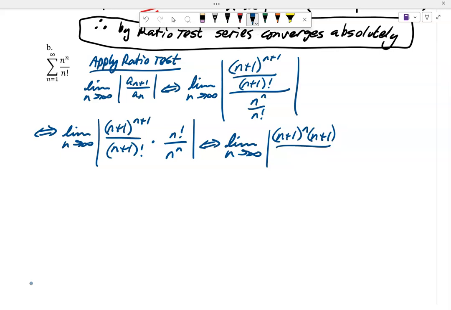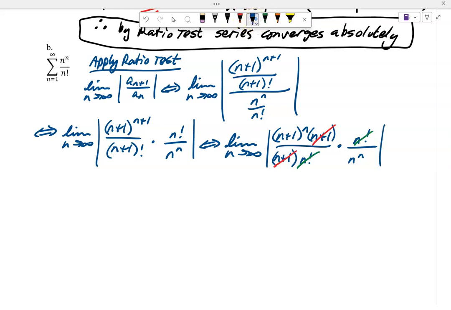This is over n plus 1 factorial. So I'm going to write that as n plus 1 times an n factorial. And so it looks like we got n plus 1 and n plus 1. Looks like we got an n factorial and an n factorial.